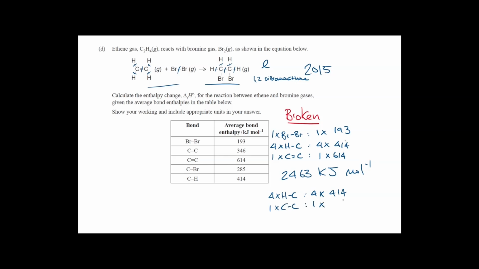So 1 times 346. Are there any others? No, just carbon-bromine. So there are 2 carbon-bromine, and they are 285 each.